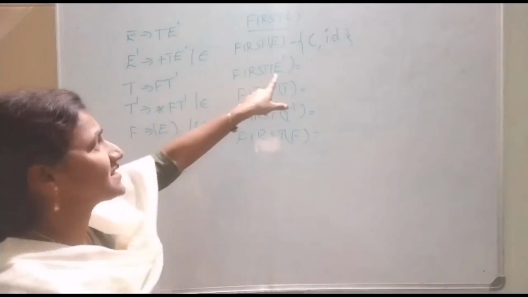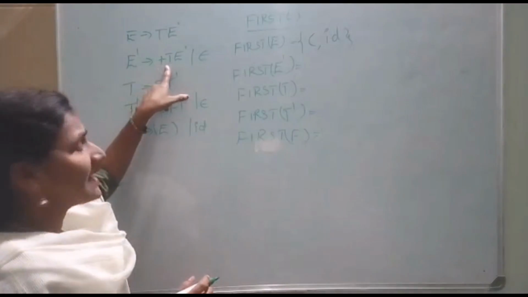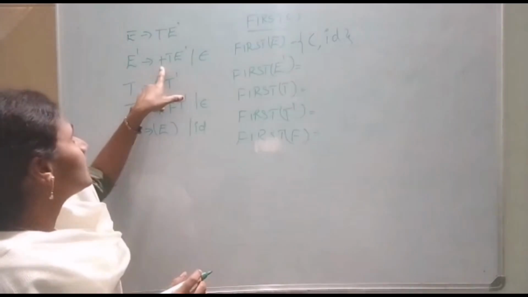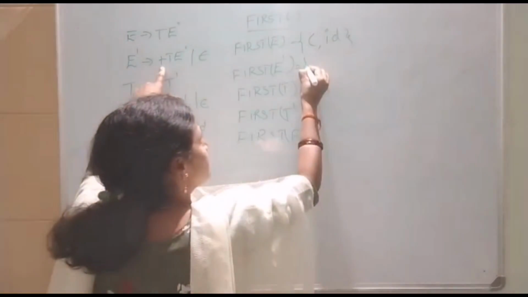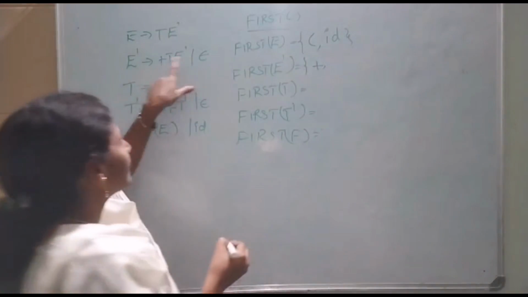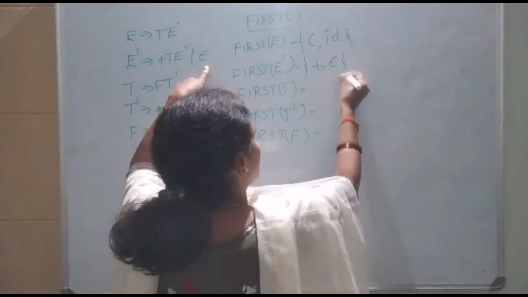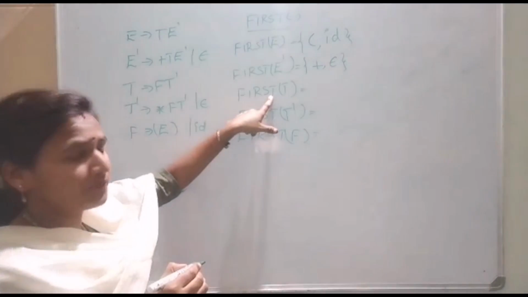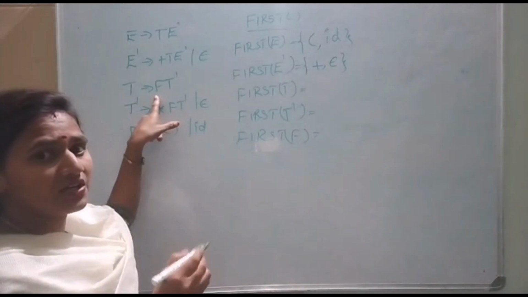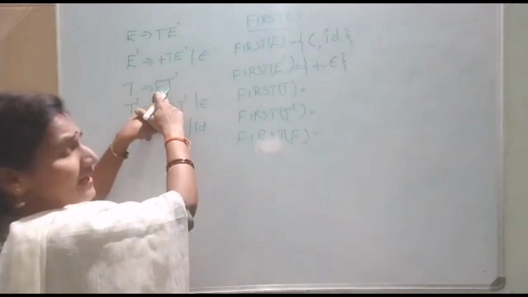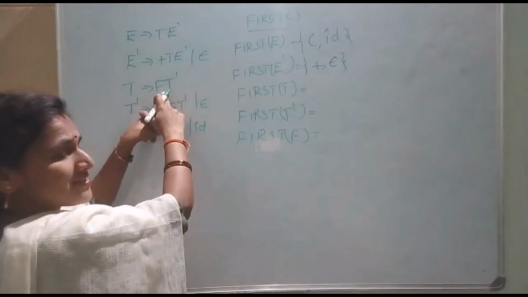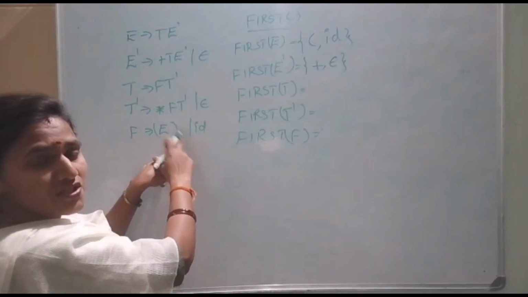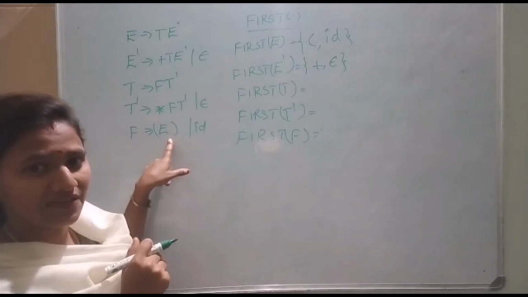Go for first of E dash. What is the E dash production here? This RHS starts with a terminal. That is plus, and epsilon is also a terminal, so I am going to consider epsilon. Go for first of T. What is the T production here? F T dash. Here the RHS starts with the grammar symbol F, so I replace it by its corresponding productions to produce the terminals at the start of the RHS.